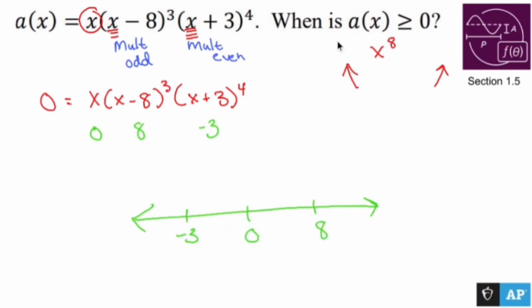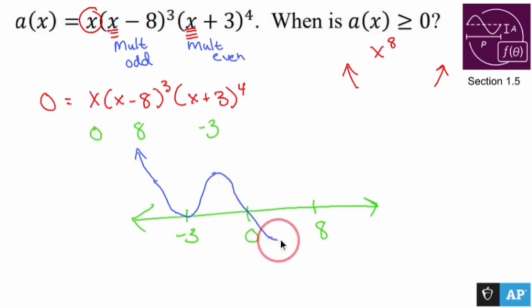Now, I know the beginning of my graph starts up here. Now, when you're dealing with multiplicity, the first 0 I'm heading towards is negative 3. If your multiplicity is even, your graph does not go through the x-axis. It just shoots right off. Then it peaks out. My multiplicity here is 1, which means it goes through 0.